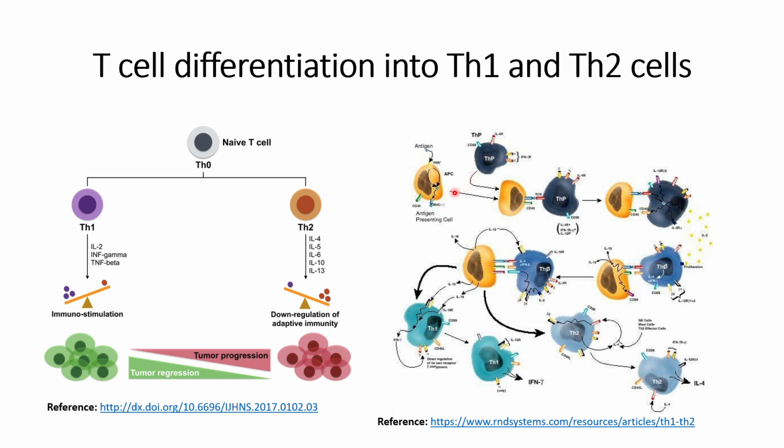And when they come and interact with the antigen presenting cells that have the information about the non-self epitope, the differentiation of this T helper polarized cell occurs. During the differentiation, we will not go into detail.